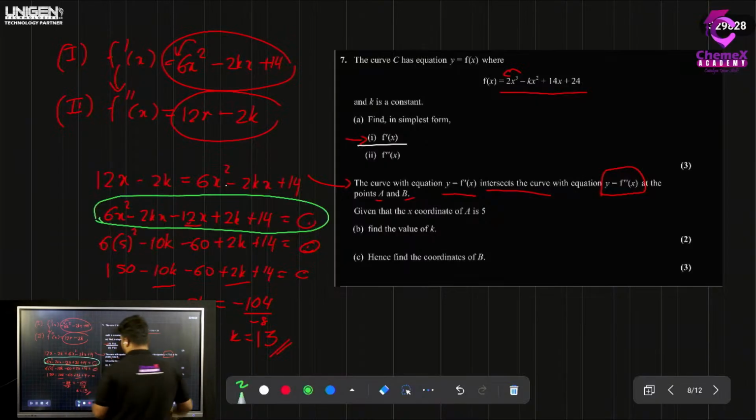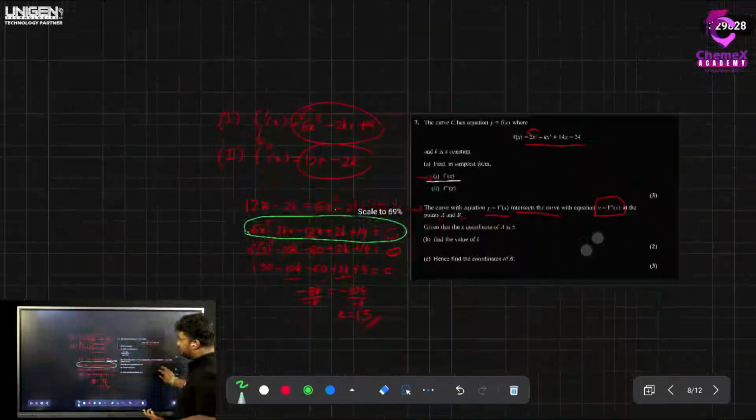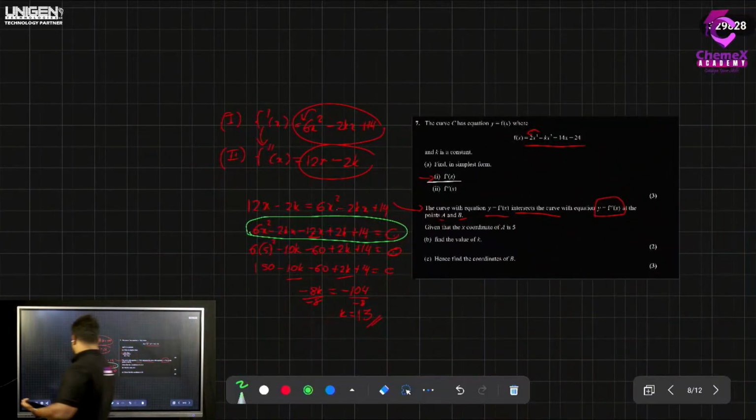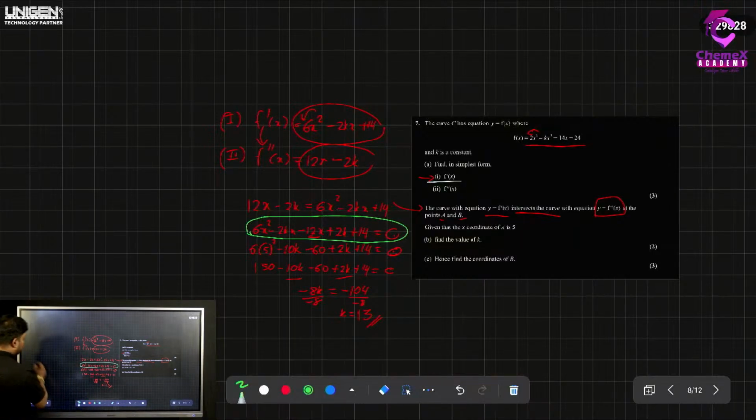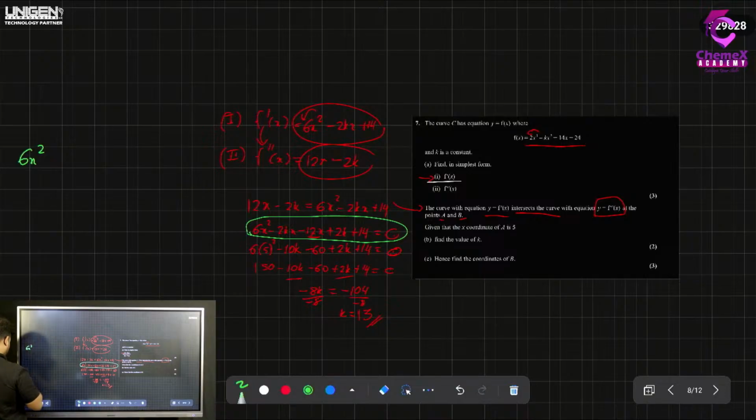So how do you do that? First thing is 6x squared, so 13, so minus 2 times k times x, minus 13 into 2 is what? Minus 26, no? 26x minus 12x plus 2 times k is what?